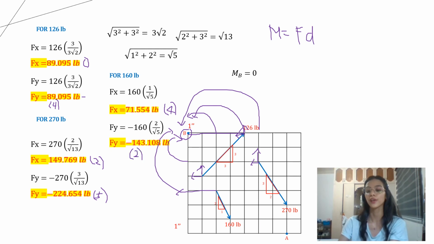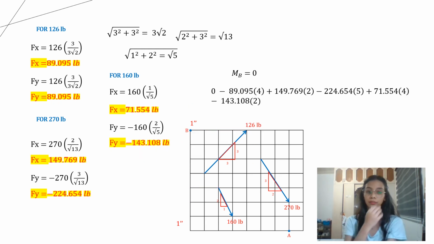So here's our computation. Our Fx is 0, minus 89.095 times 4, plus 149.769 times 2, minus 224.654 times 5, plus 71.554 times 4, minus 143.108 times 2.